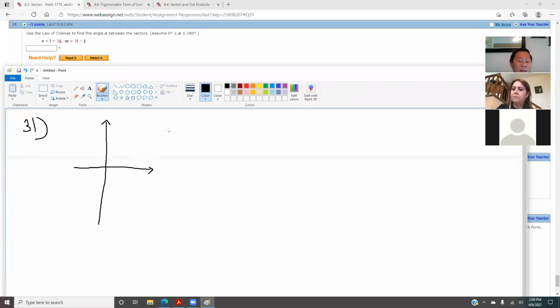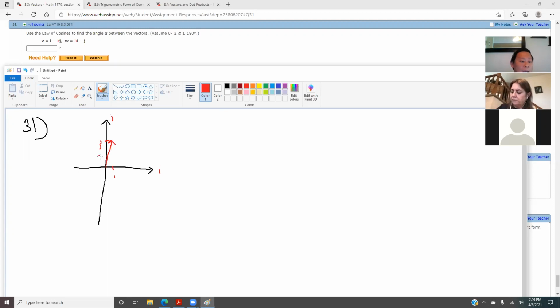If you don't know what a vector is, just draw it out. It's like coordinates, but this time you have arrows, like a ray. Usually i is your x and j is your y. So 1i plus 3j is like coordinates 1 and 3. This is vector v.